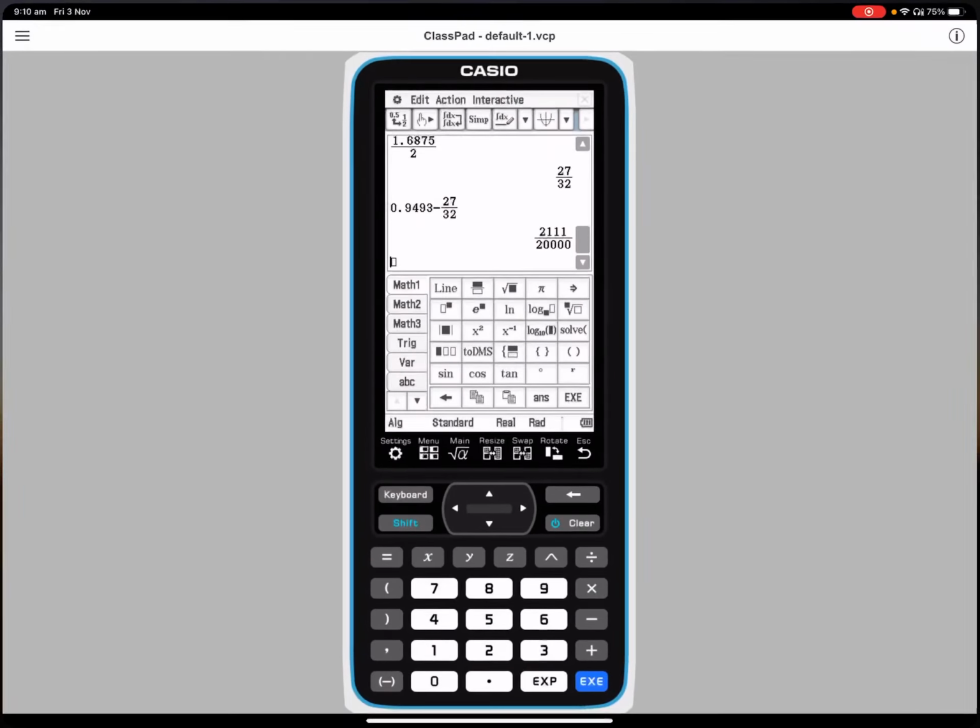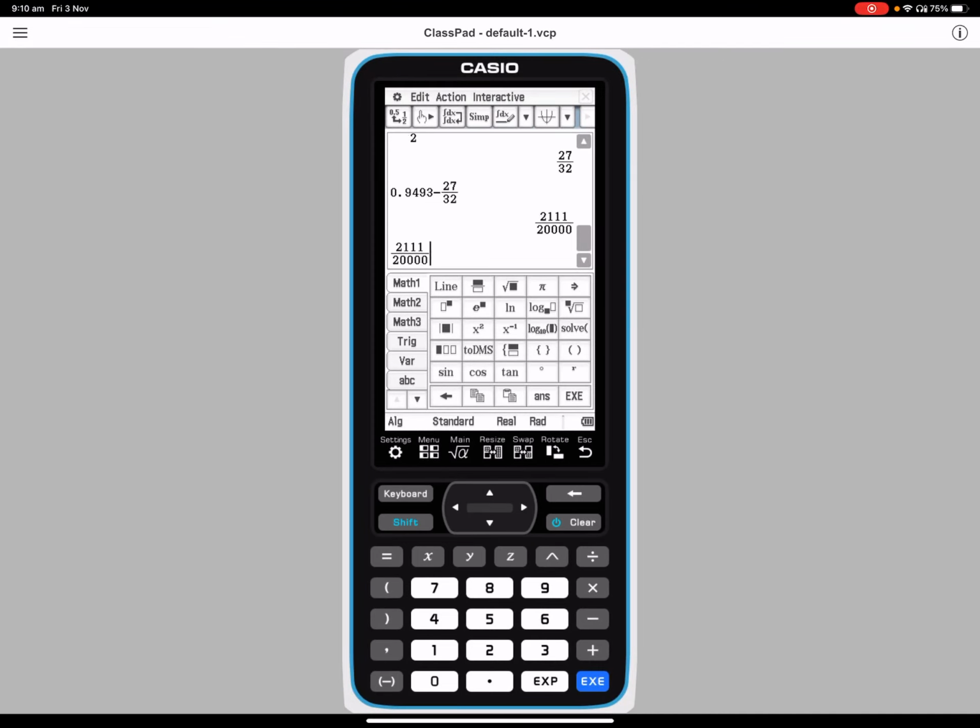So let's solve that. That divided by the square root of 27 on 32 times 5 on 32 divided by 32. 1.64444.